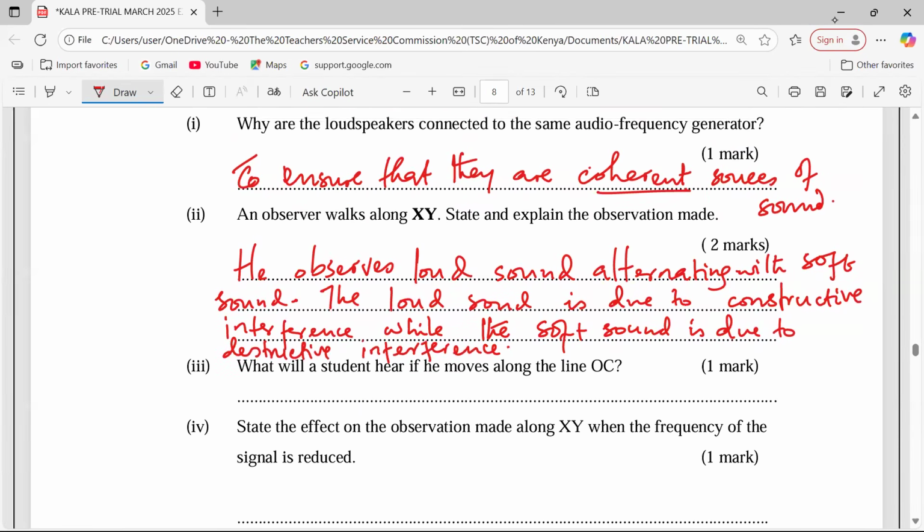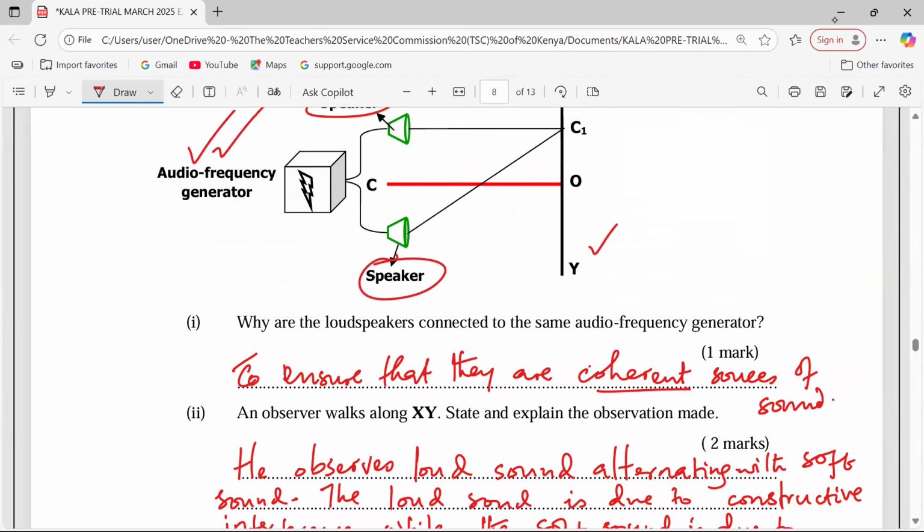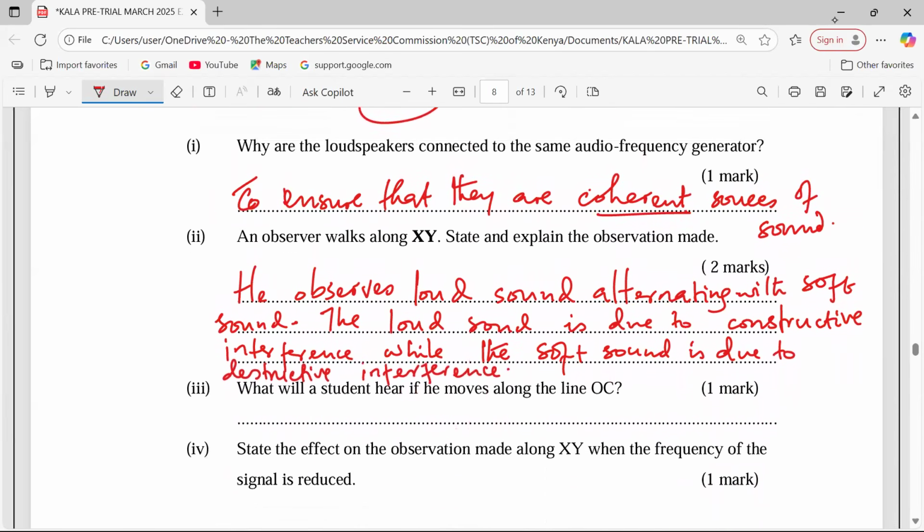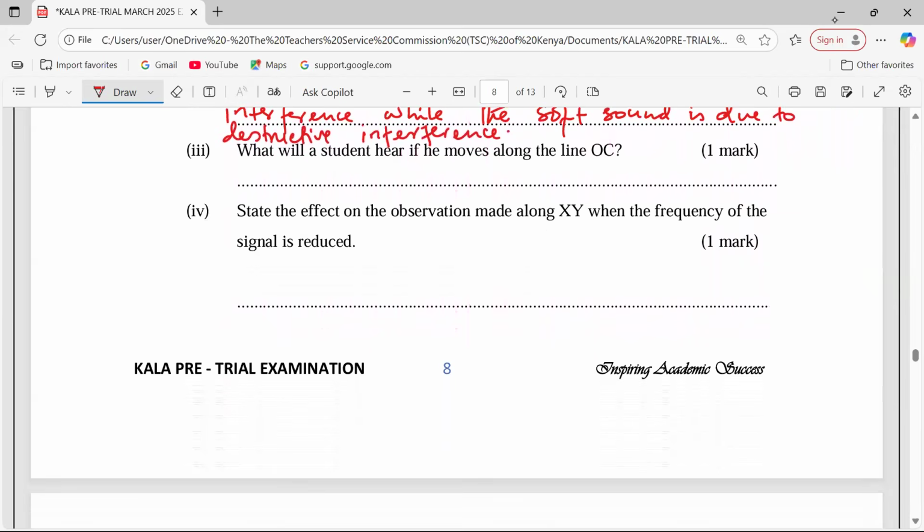Along OC, they are going to experience a constant loud sound. Constantly, they shall experience loud sound. State the effect on the observer along XY when the frequency is reduced.